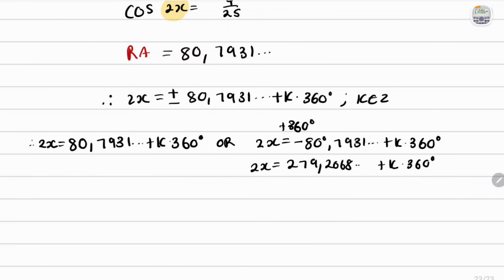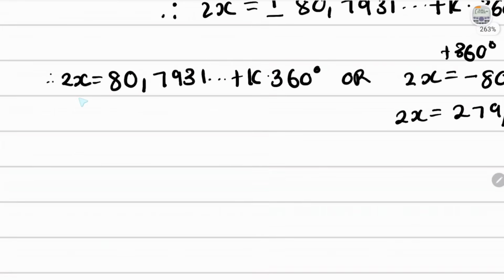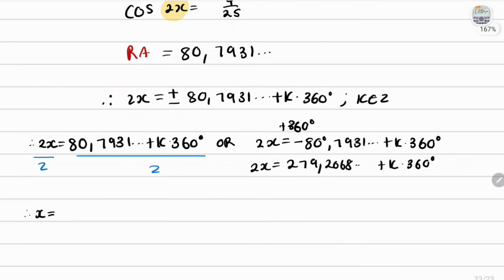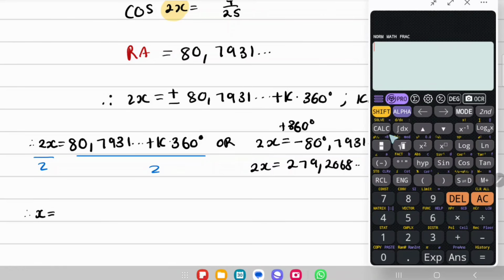Now we just need to solve for x. To solve for x, you need to divide both sides by 2 to get rid of the 2 there. So divide both sides by 2. Don't forget to divide that by 2 as well. So x would be equal to, and now just to get that answer back, you can say shift cos of 4 over 25, because I don't want to round off yet. I'm taking that 80 point, and I'm going to divide it by 2.